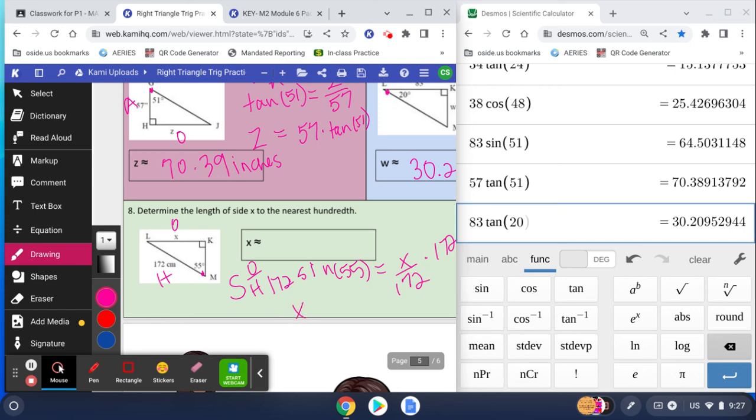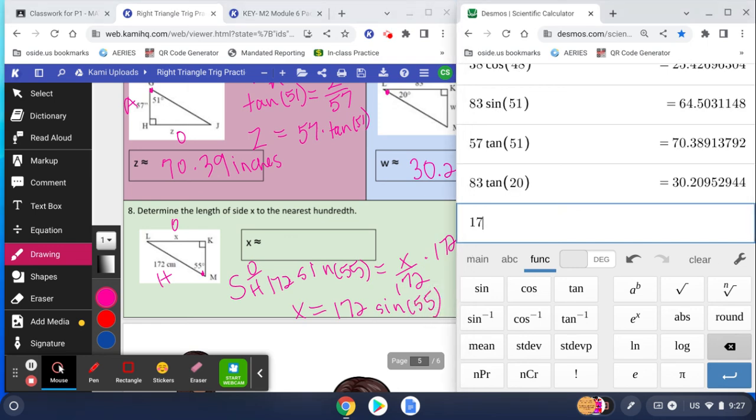What you're actually going to plug into the calculator is 172 times the sine of 55. 140.89. And that's centimeters. Okay, awesome.